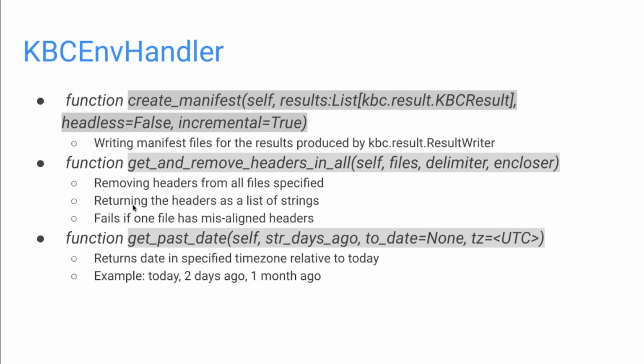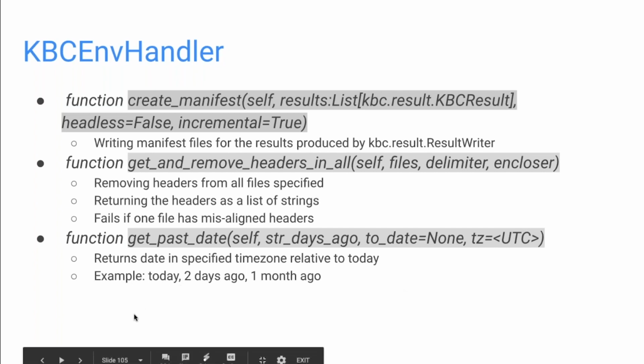There's also an option for this function to return the header as a list. If one file in the list of files that you provided has a misaligned header, meaning that one file might be missing a column compared to the rest of them, then this function will fail.